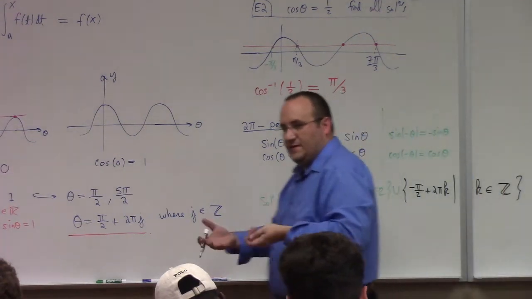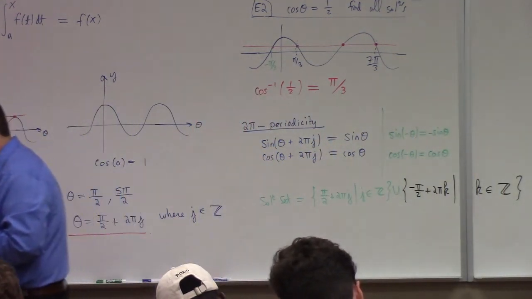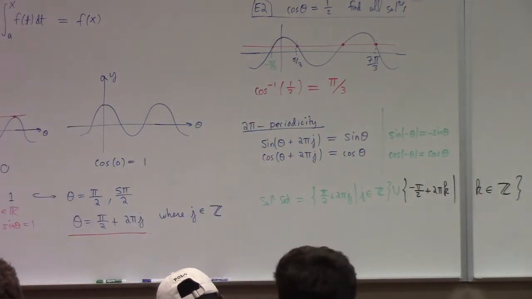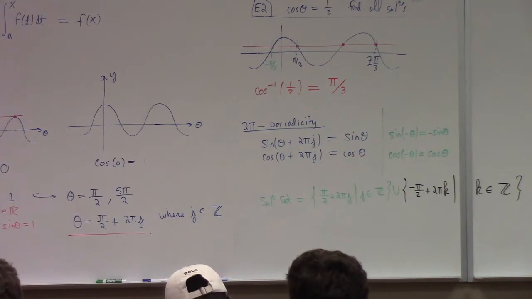There are these two infinite families that together give you the entire solution set. Right. I'm probably not telling you anything new, but I'm probably saying it in a new way, right?